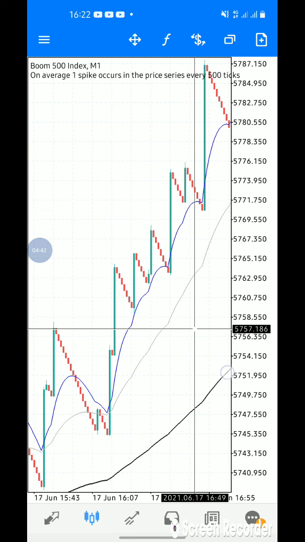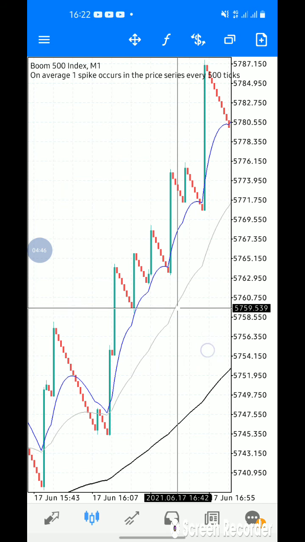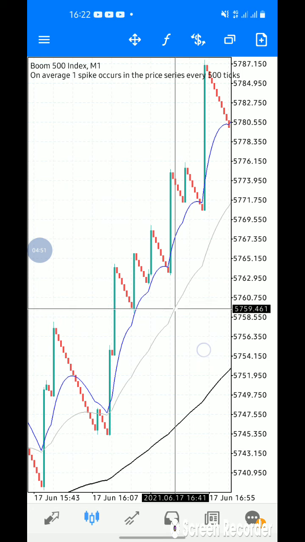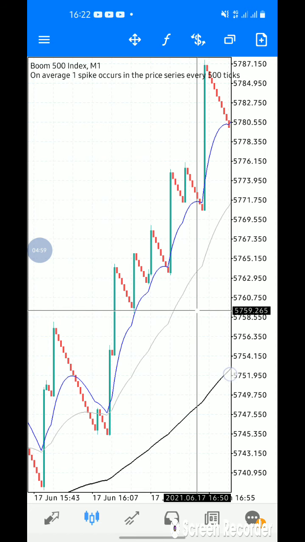Using this technique, when the bars go at least past the gray line, I have to say this is a losing trade, and I have to accept that. So when price approaches the 14, a spike is imminent.